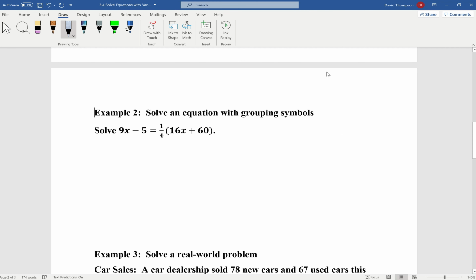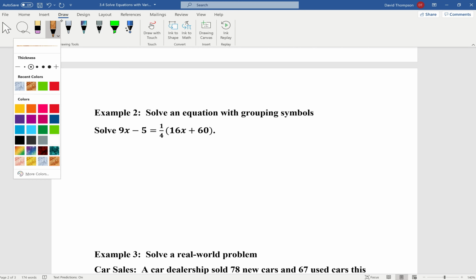Example 2. Solve an equation with grouping symbols. We're asked to solve 9x minus 5 equals 1/4 times (16x plus 60). First, we're just going to rewrite the original equation.